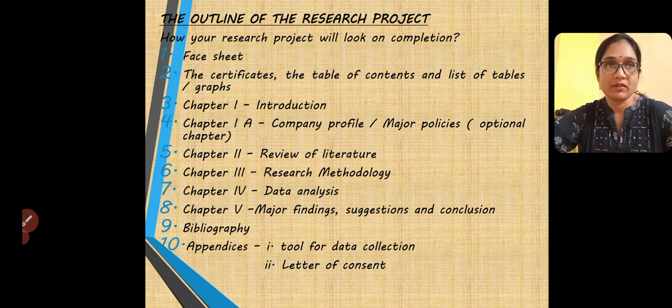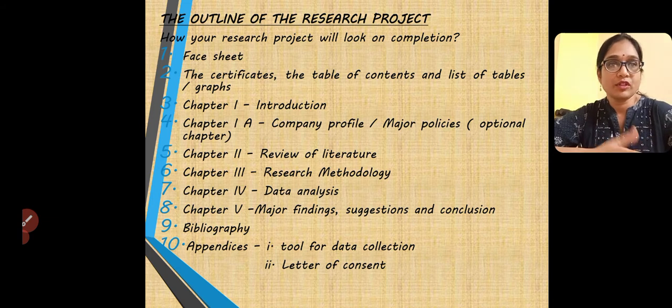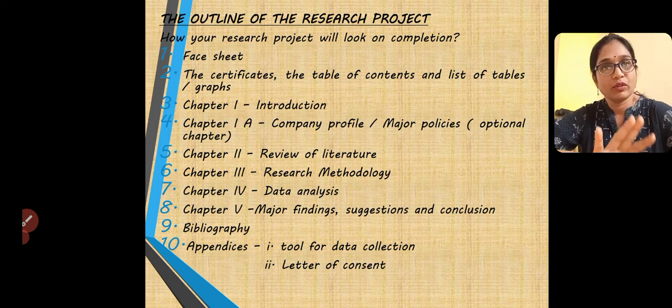Then come the chapters, beginning with the first chapter on introduction. Then you can also include another chapter separately for a company profile, if your research project is on HRM. If your research project is on some medical and psychiatric social work topic, then you can include a profile of the hospital to which you are attached.